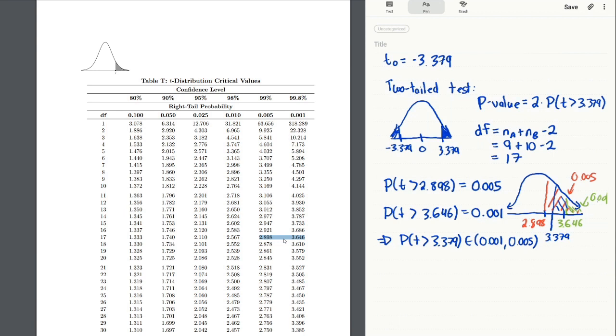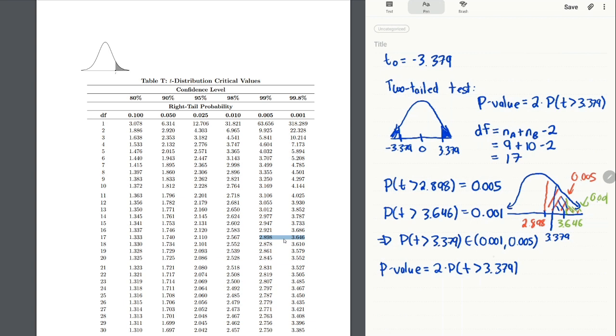So now let's use this to determine an interval for the p-value. So the p-value is going to be 2 times the area to the right of 3.379.